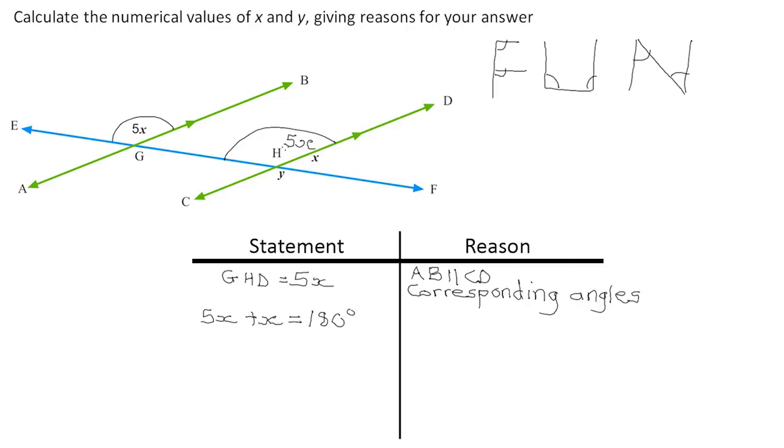The x and the 5x are adjacent angles, but they are supplementary, because they add up to 180.